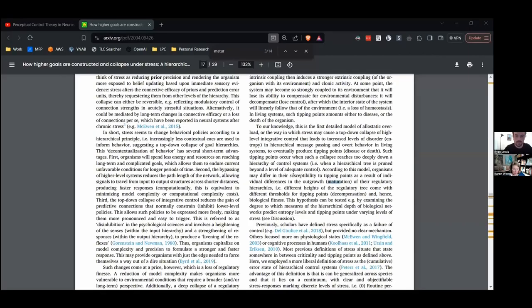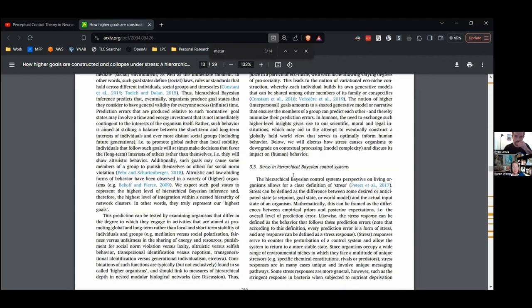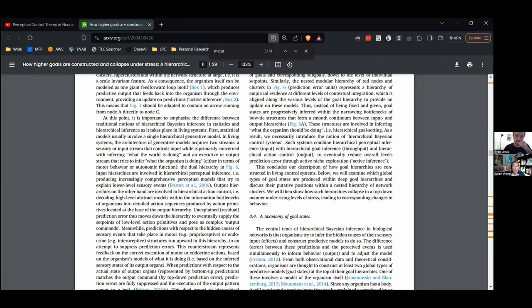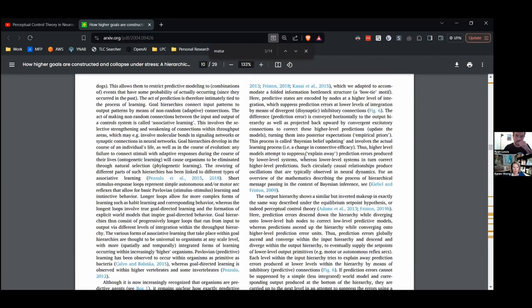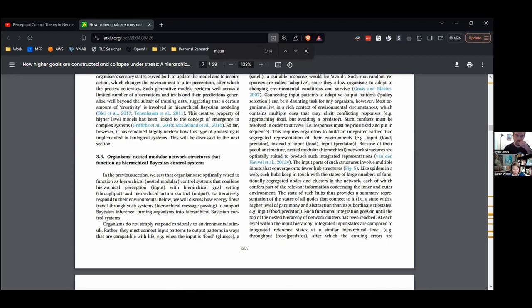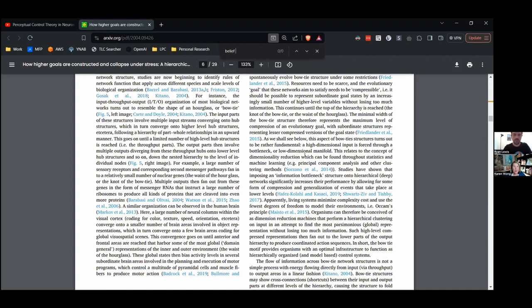So it was just before section 3, and it says, yeah, you have to scroll up quite a ways, I think. I can also just search words if you want. Well, Bayesian belief updating was in parentheses in that section.